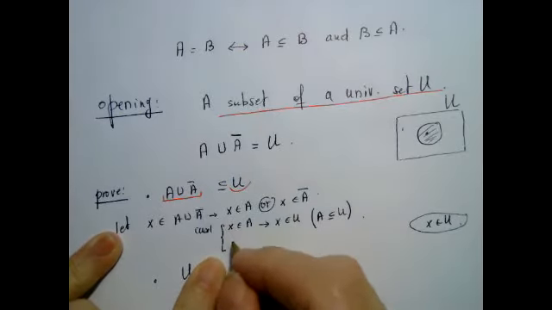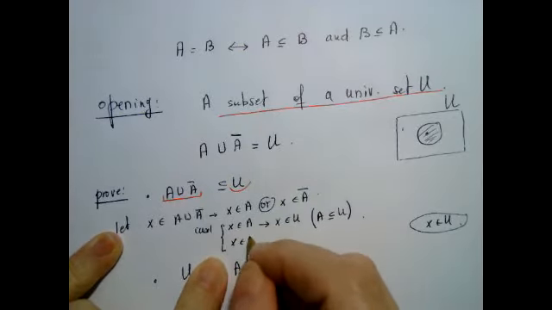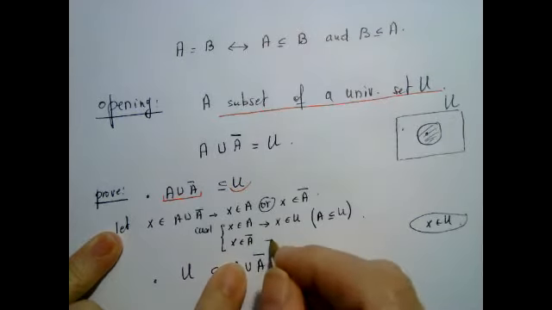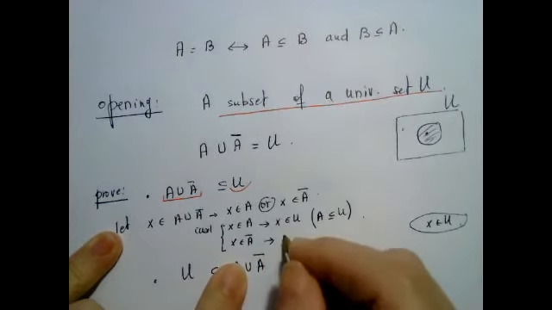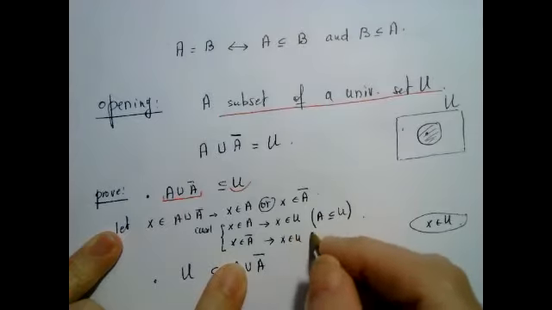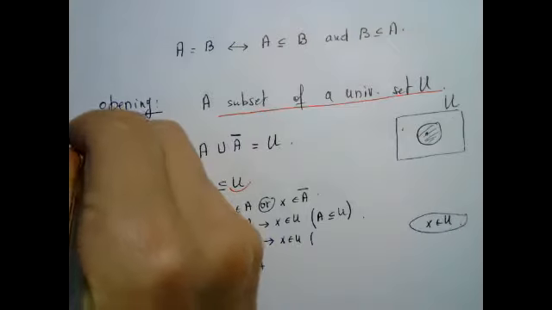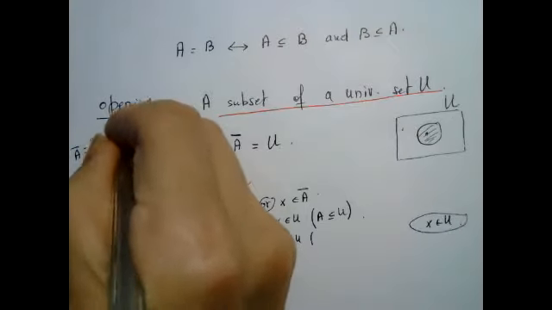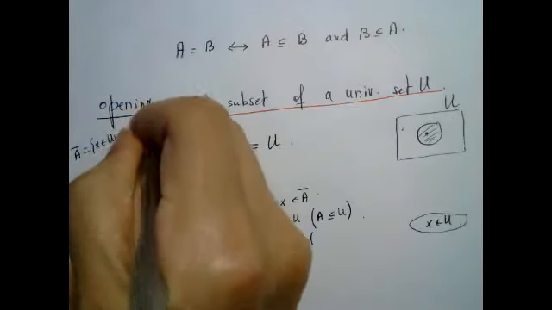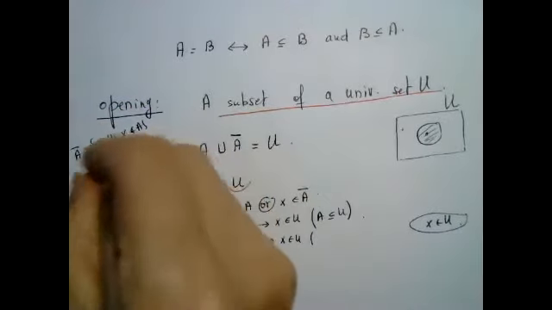Now, suppose X is in A complement, also X is in U. Simply because what's the A complement? A complement is everything in U which is not in A. But as I always said, they have to be somewhere.